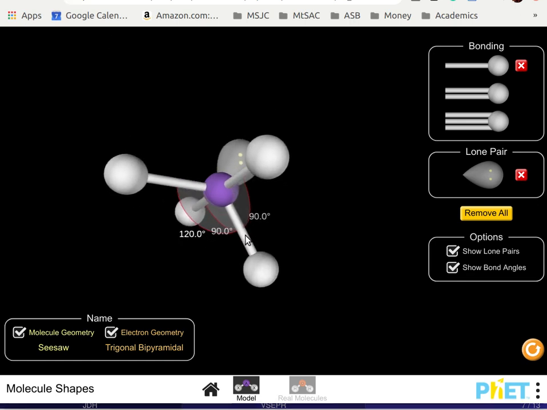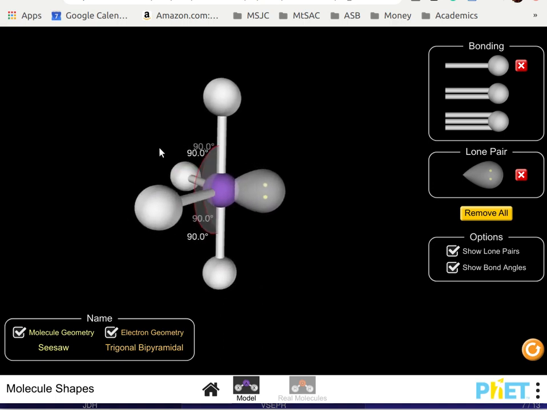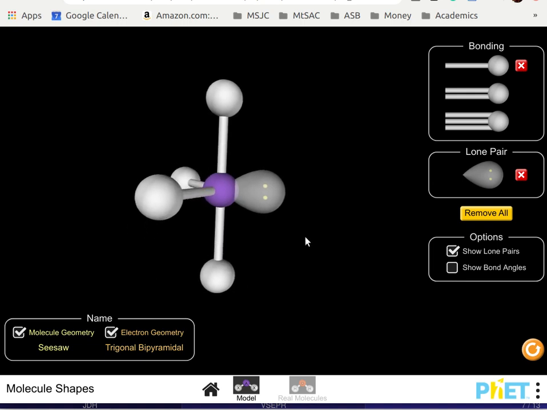Okay, now the important thing here that I really want you to see is the location where that lone pair went, and we'll go ahead and turn off the bond angles. They're kind of getting in the way there. So notice that I'm basically taking these axial atoms that are still in place. That lone pair went in an equatorial region. And the reason for that is it actually minimizes repulsion.